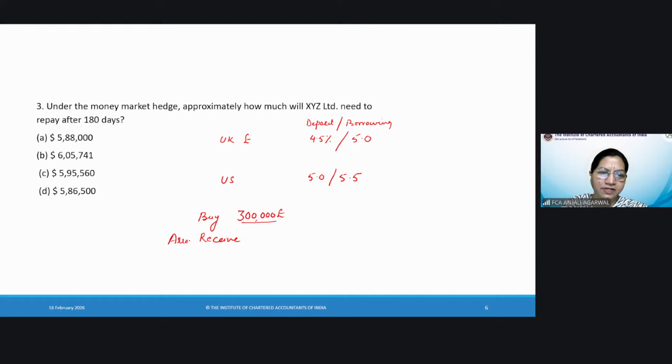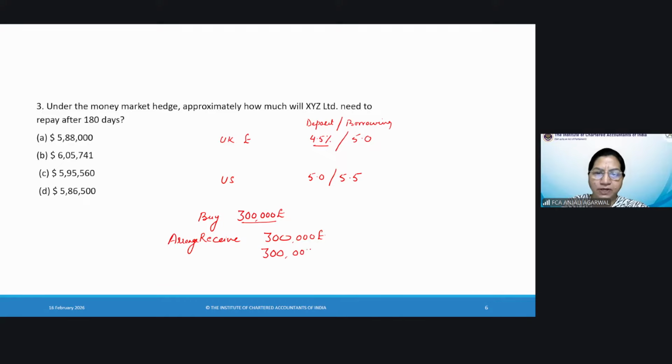You're going to receive 300,000 pounds only when you have deposited some amount somewhere. So you don't need to arrange exactly 300,000 pounds. You will deposit the present value of 300,000 pounds.